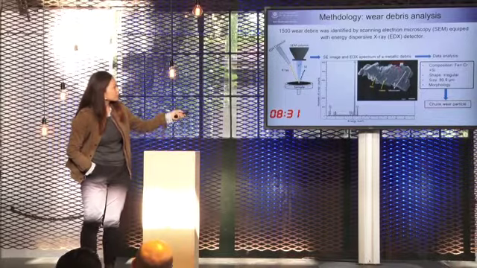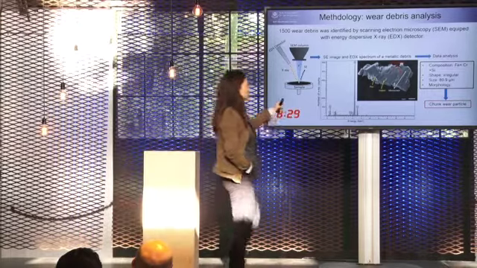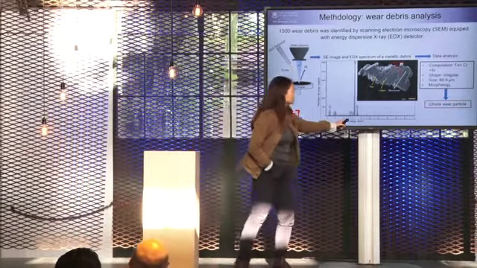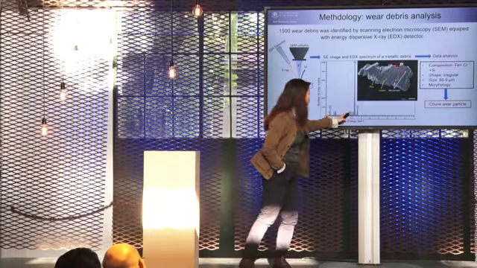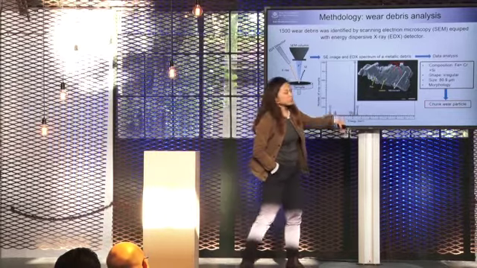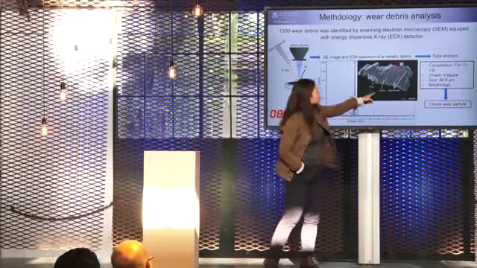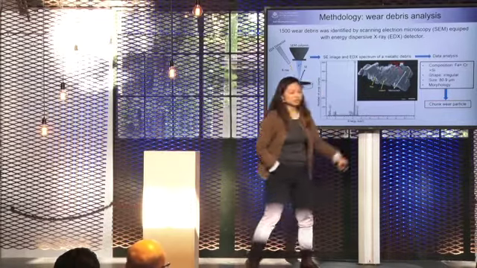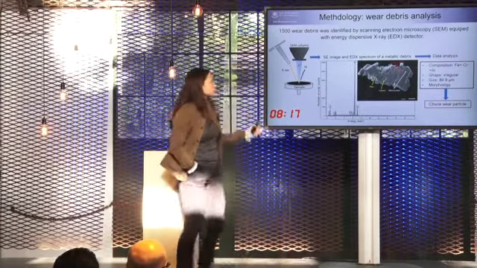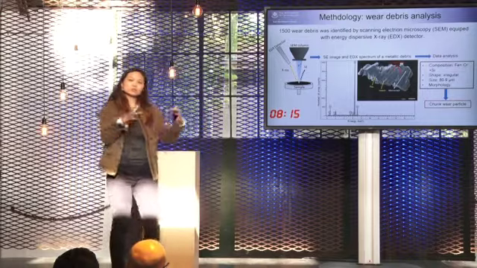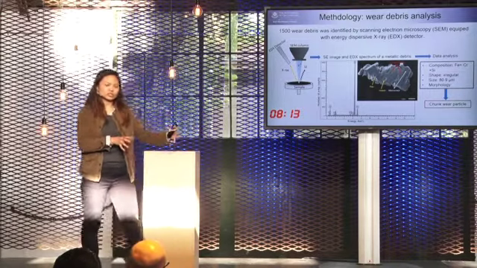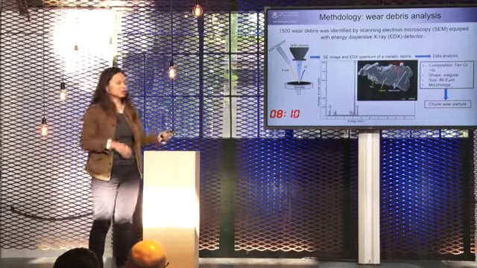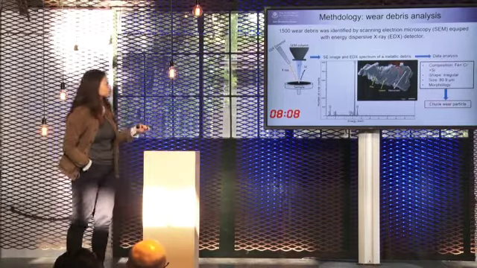In the middle is an example. The composition of this particular debris is iron, a little bit of chromium, and silicon. In terms of morphology, we can see pits, indents, and scratches on the fracture surface. Using all this information and the established relationship, we identify this particle as chunk wear debris.